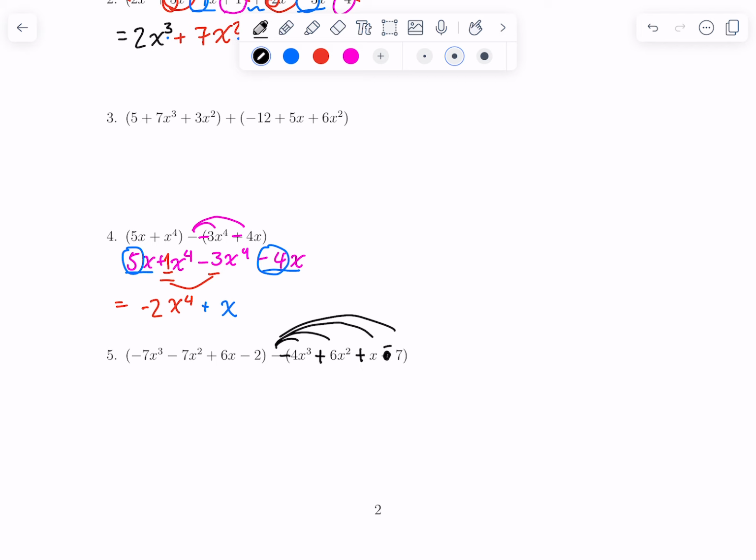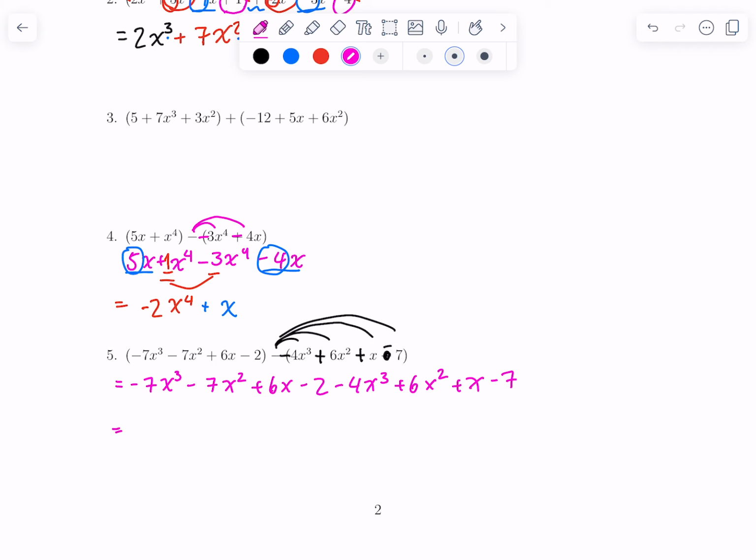So let's rewrite the expression. Negative 7x cubed minus 7x squared plus 6x minus 2 minus 4x cubed plus 6x squared plus x minus 7.